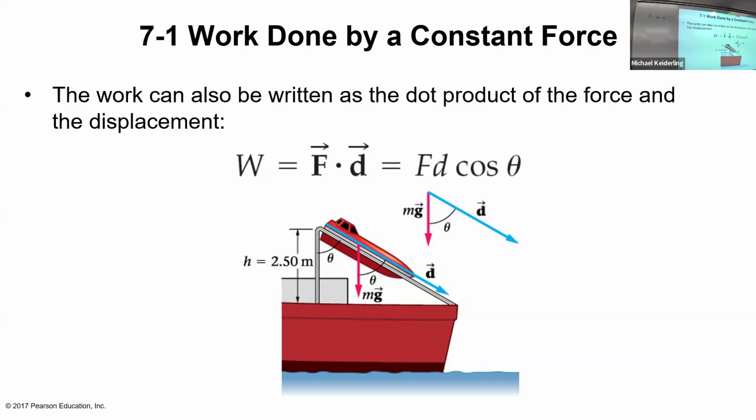And then, in this situation, because of what's given, it's easier to think of d cosine theta, the component of the displacement in the direction of the force, because that's actually given in the problem, the height.